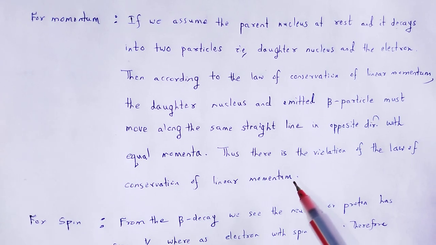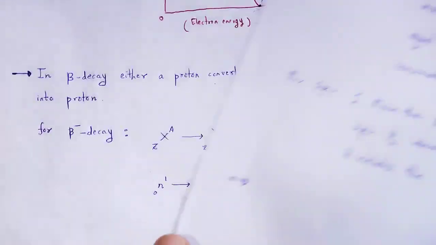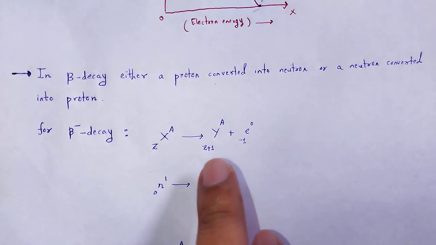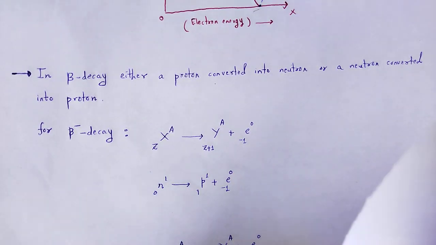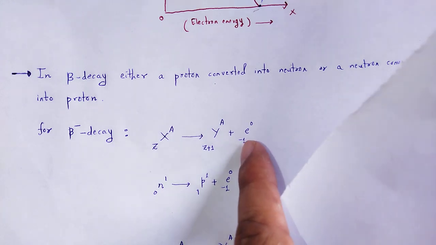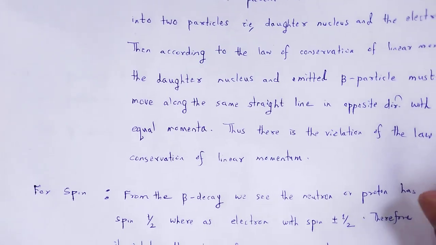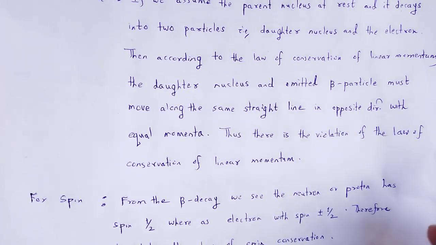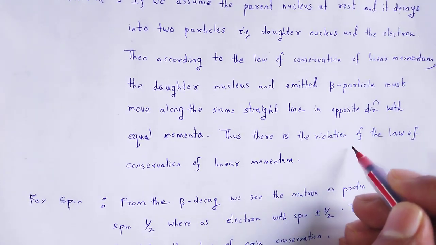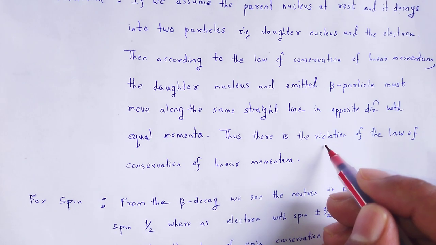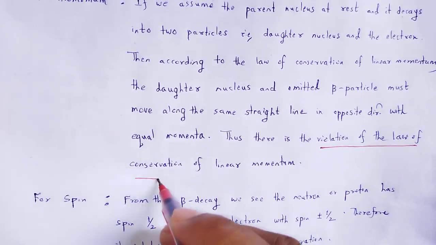But actually, in beta decay, we do not see that type of directions between daughter nuclei and the ejected electron. Therefore, this is a violation of the law of conservation of linear momentum.